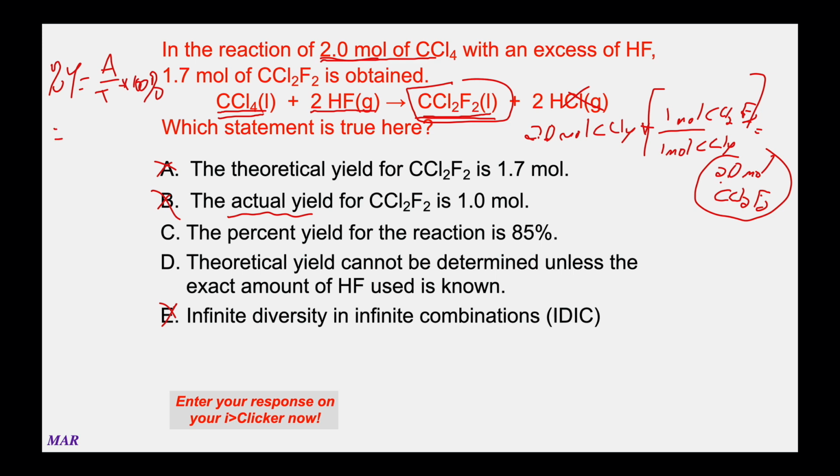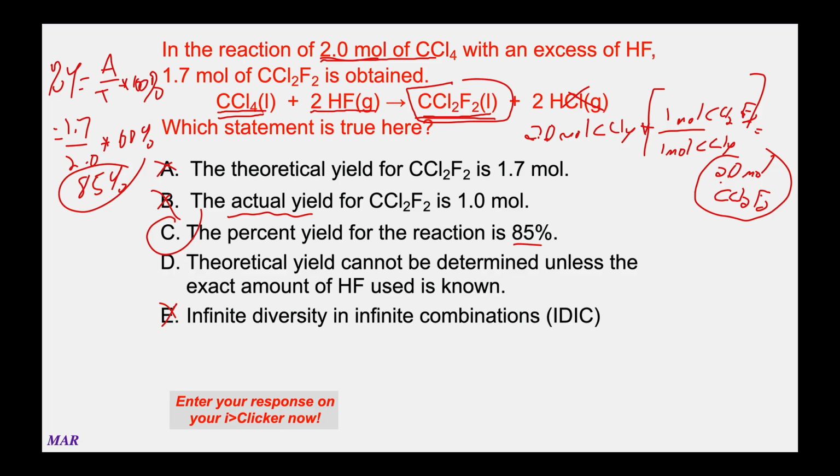So in this case, we saw that the 1.7 moles is the actual yield, 2 moles is the theoretical yield, times 100%. And in my calculator here, I'm going to enter that in real fast. I get 0.85 times 100%. I'm getting a percent yield of 85%. So I believe answer C is correct.